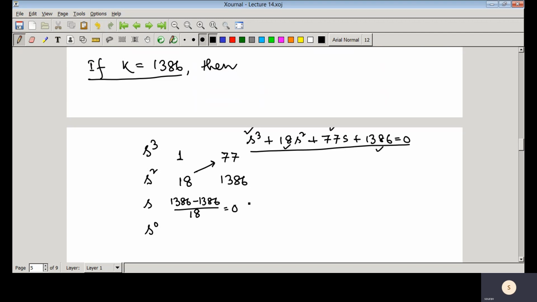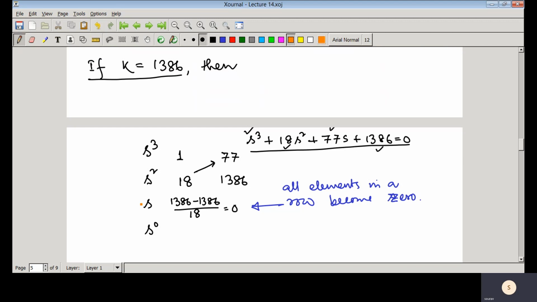Now this is one exceptional case where it might happen that one full row, in this case this row, all elements, and in this case only one element is there, all elements in a row become 0. So if this happens, then we need to follow a particular method to form the Routh table.